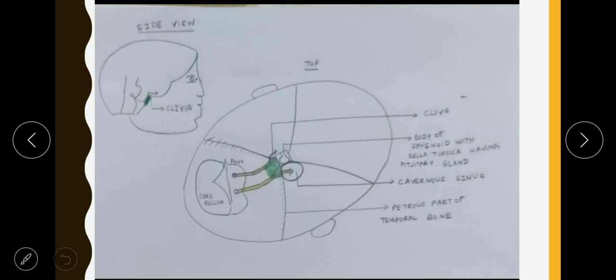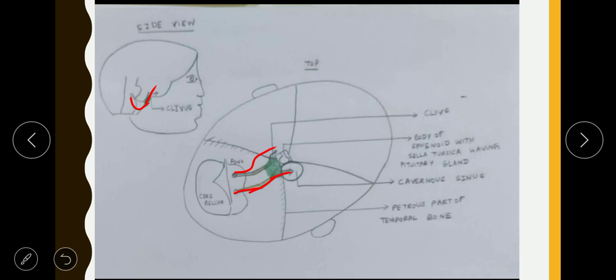In both of these pictures, the nerve emerges out of the pontomedullary junction, moves through the posterior cranial fossa and climbs up the clivus to the petrous part of the temporal bone.